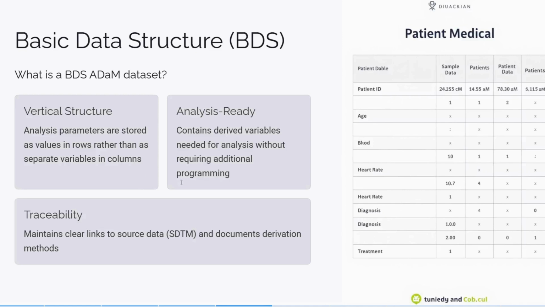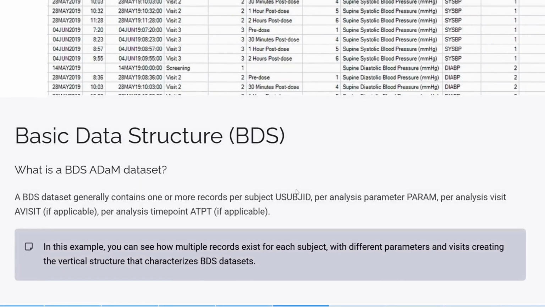A record in an analysis dataset can represent an observed, derived, or imputed value required for analysis. Here you can see patient medical data, a general representation of vital signs data for the BDS data structure. The BDS dataset generally contains one or more records per subject, that is, per unique subject ID, per analysis parameter (PARAM), per analysis visit (AVISIT), or per analysis time point.